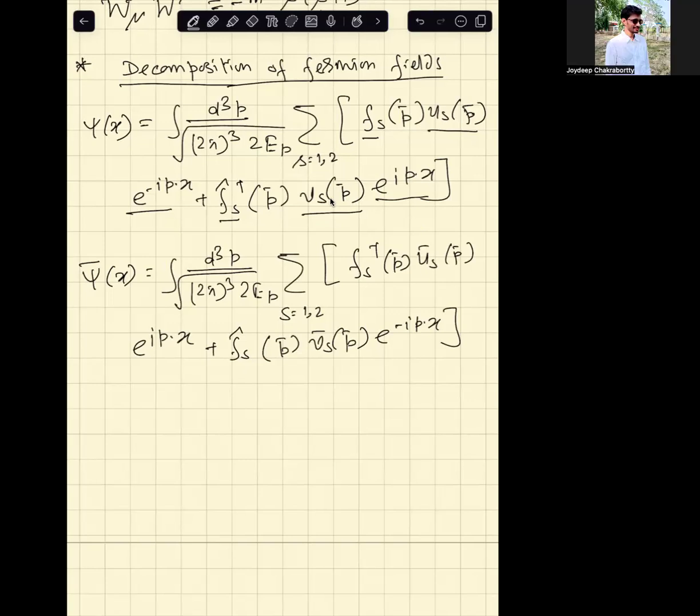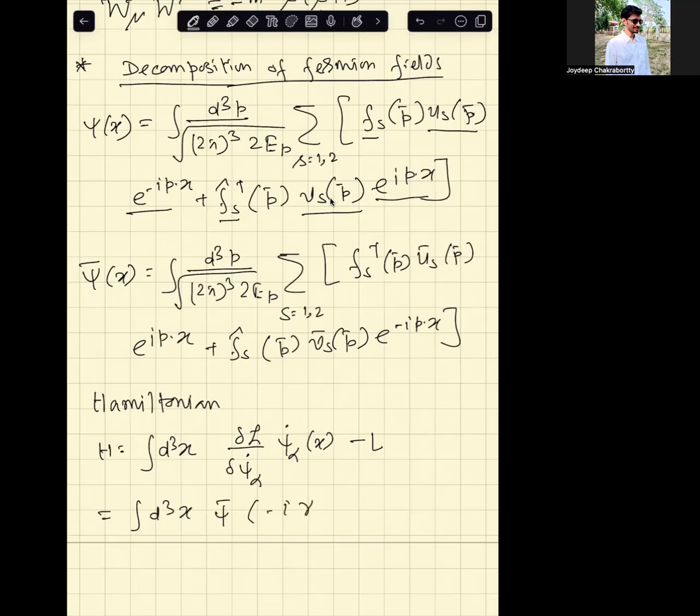So yeah, this is how you define this thing. And then you can calculate the total Hamiltonian H as your ∫d³x (∂L/∂ψ̇ α) ψ̇ minus L. And from there, you can find out the total Hamiltonian density.